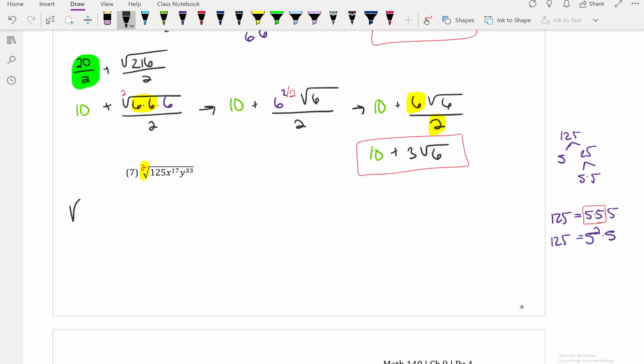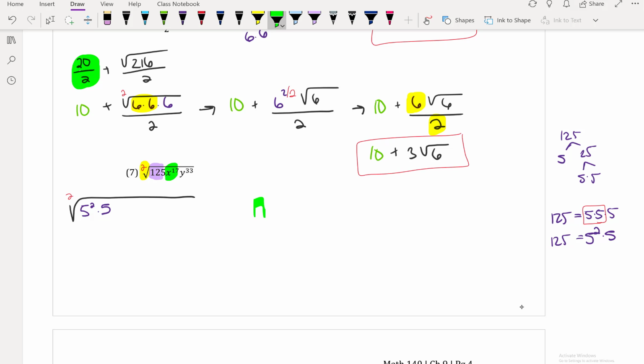Alright, so I'm going to have my square root. And the first thing that I'm going to break down is that 125, which I already did. And I said that's going to be 5 squared times 5. And we did that because my index is 2. The next thing I want to look at is that x to the 17.